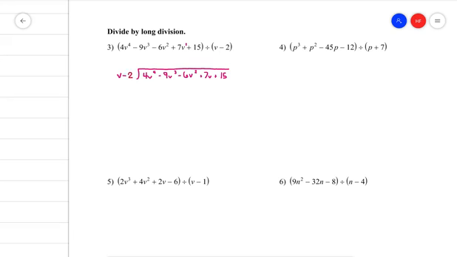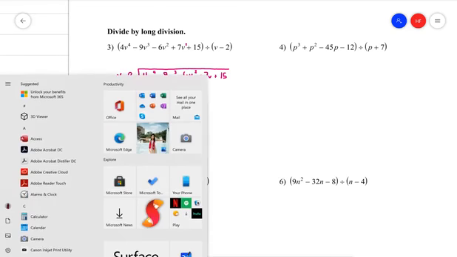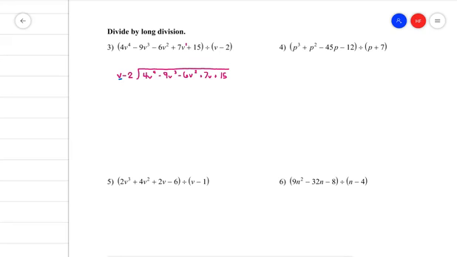So remember, when we divide with long division, we focus on the variable. To get v to look like 4v to the 4th power, I would have to multiply by 4v cubed. And 4v cubed times negative 2 is a negative 8v cubed.